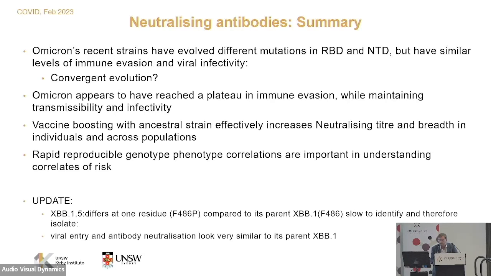And I think the rapid, reproducible genotype-phenotype correlations that I've shown you here are really important for understanding the correlates of risk going forward. I'd also just add that XBB.1.5, which we've taken a while to isolate, shows very similar characteristics to its parent, XBB.1.